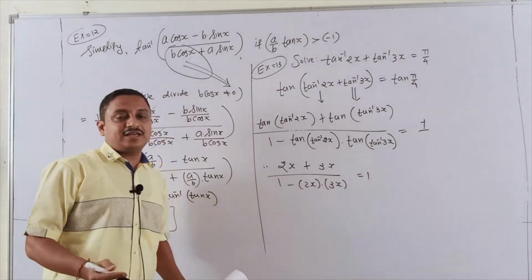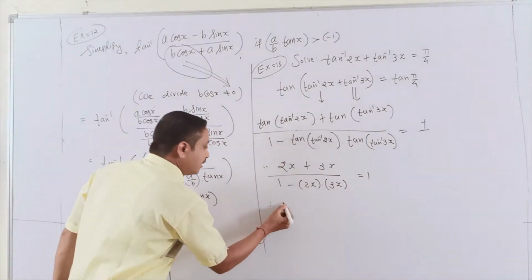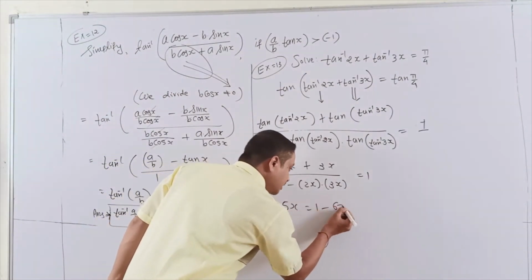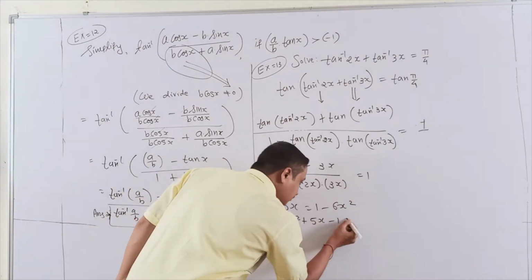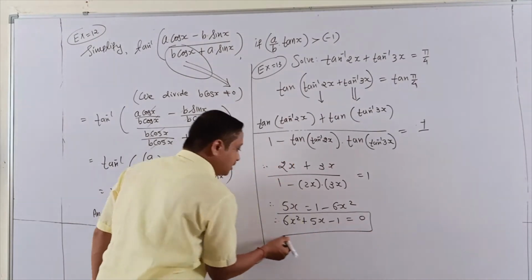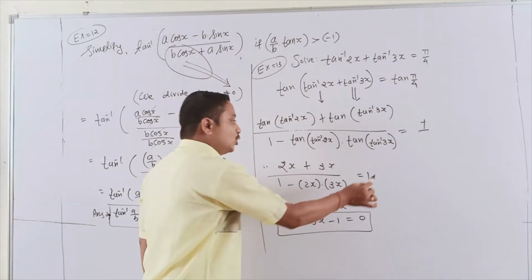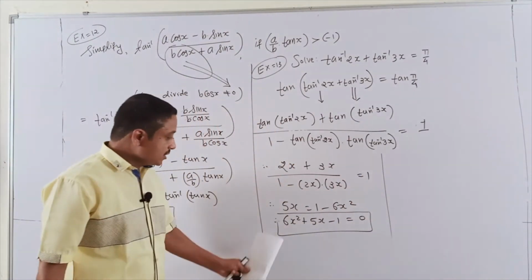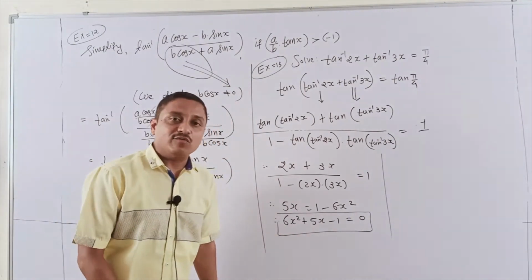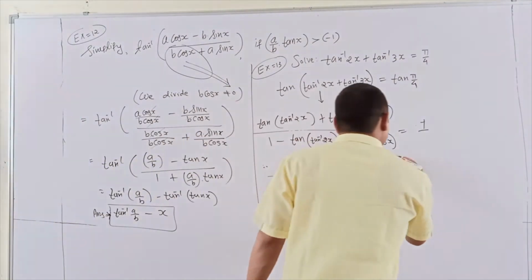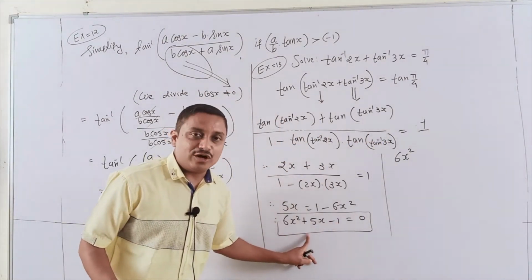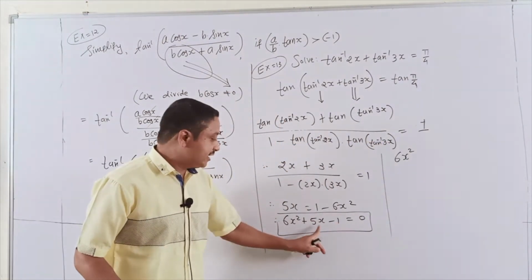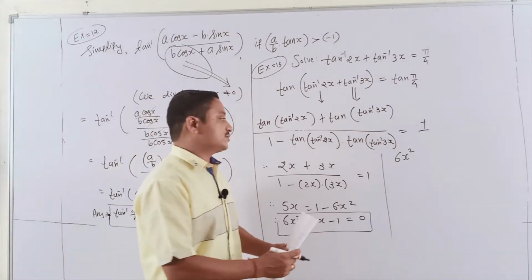And now students, an easy quadratic equation to calculate. 5x is equal to 1 minus 6x squared. So 6x squared plus 5x minus 1 is equal to 0. And this splitting, I think students know very well. 6 times 1 is 6, but I want 5. What is the splitting? Take plus 6 and minus 1.